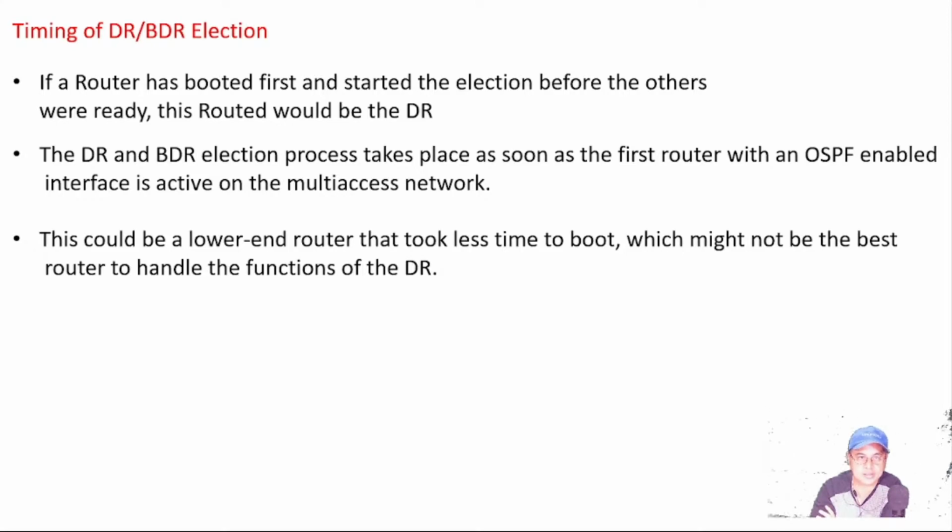Okay, so next, the DR and BDR election process takes place as soon as the first router with an OSPF-enabled interface is active on the multi-access network. That is what is actually happening once you turn on the router.